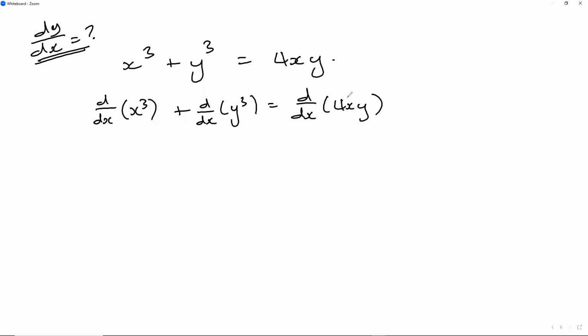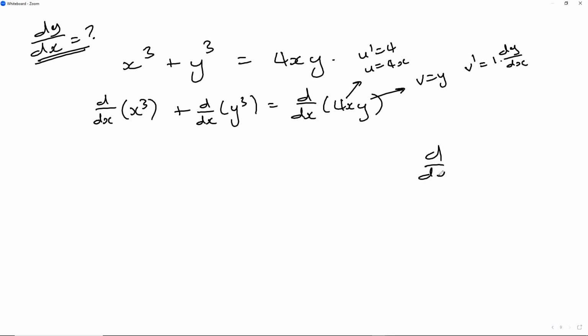I'm going to end up with product rule here, where u equals 4x, so u dash equals 4. V equals y, and here v dash is equal to 1 times dy dx, because we can't derive y with respect to x, right?